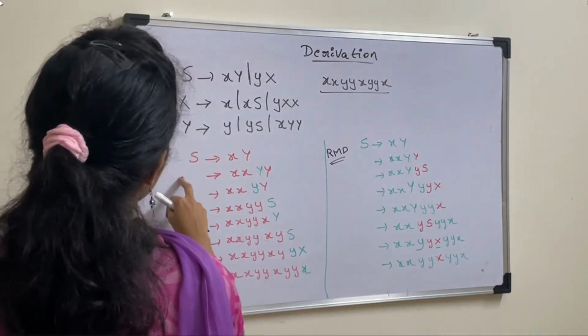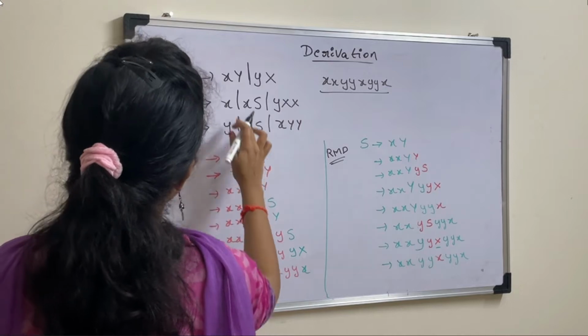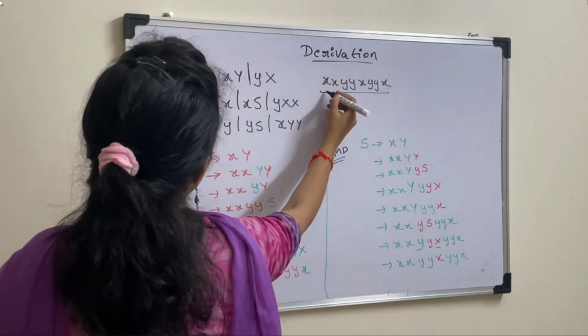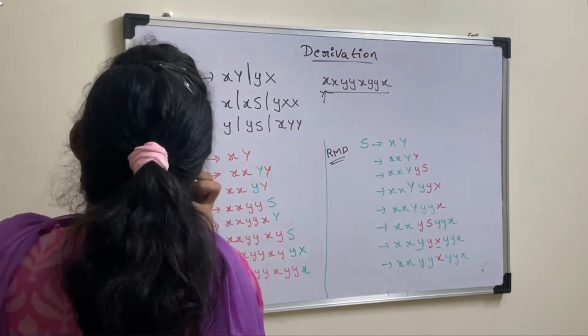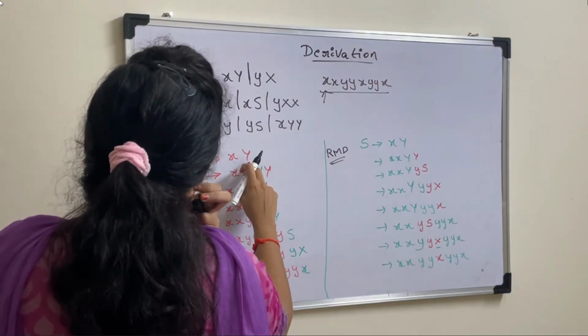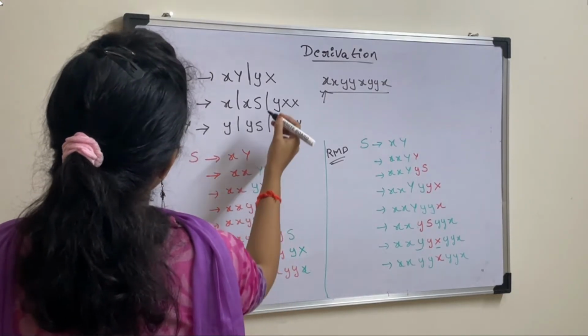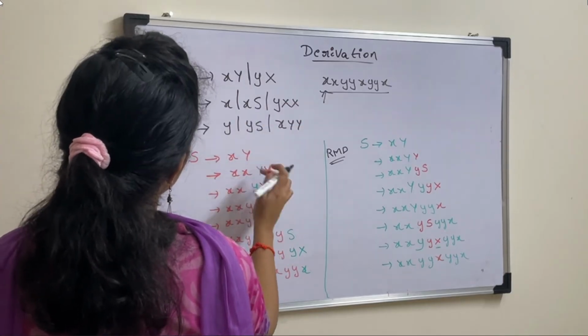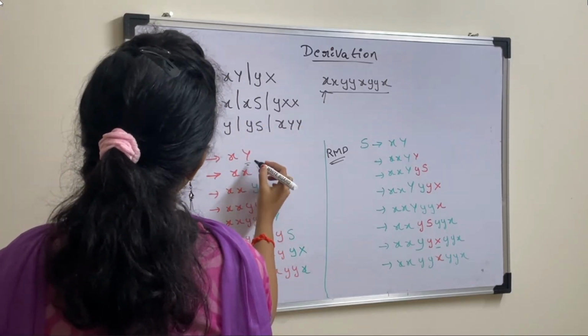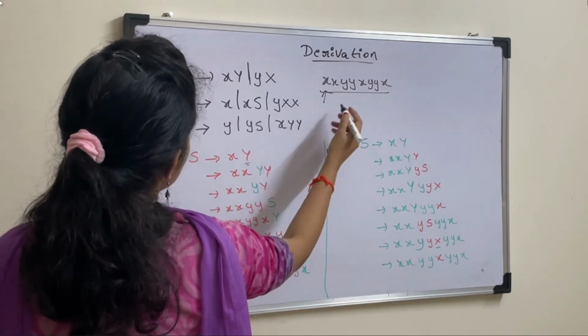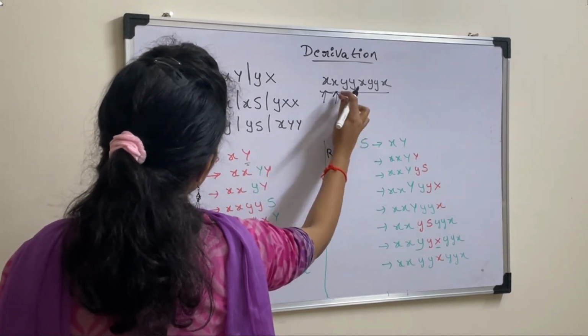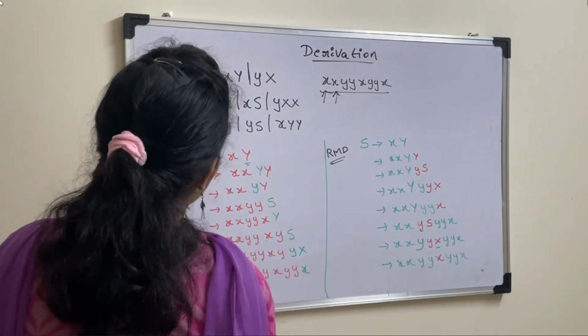So if you consider this leftmost derivation, first we need to take xy because your first string starts with x. So here I considered x, and in place of y we substituted. Here in place of this y it should be xyy because the next three strings are related to xyy.